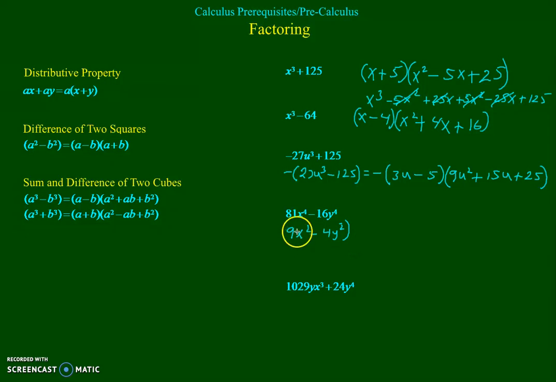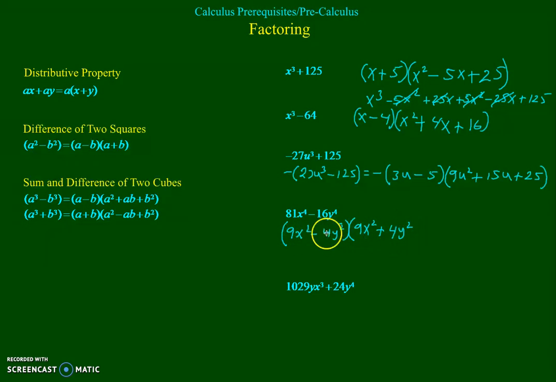That's our first one. And so the product here is going to be this set of terms with the opposite sign. So this is going to be 9x squared plus 4y squared.